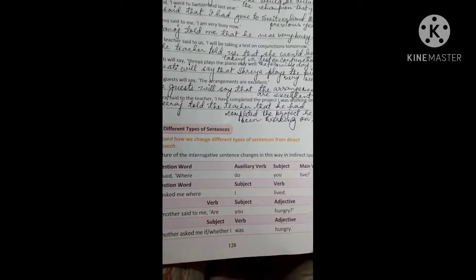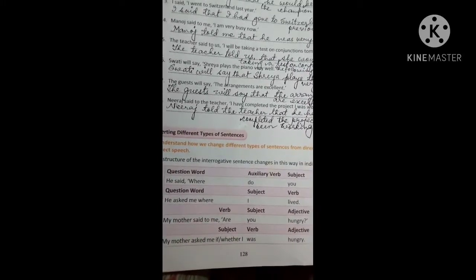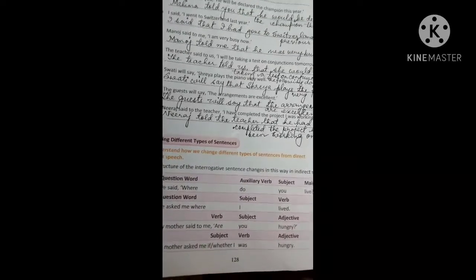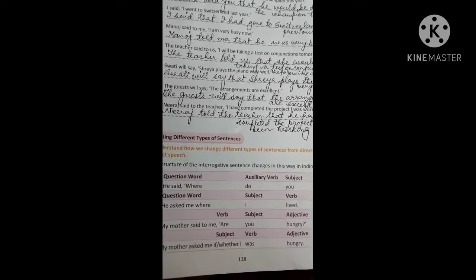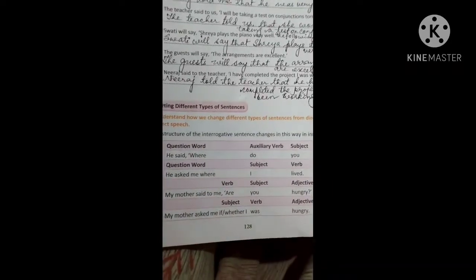One will be, suppose, like, he said, "Where do you live?" There are WH questions, dear students. Many WH questions. WH questions means where, who, what, when, how. Many are there. Almost 9 are there. So whenever WH questions are there, then you will write the sentence this way.